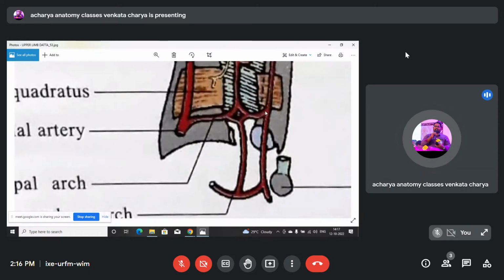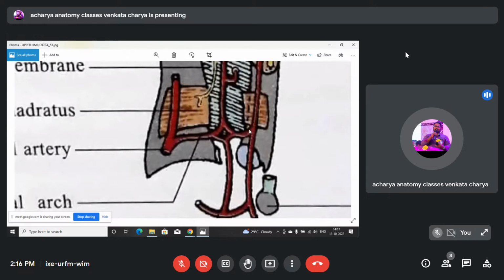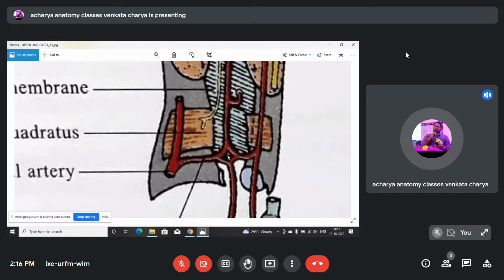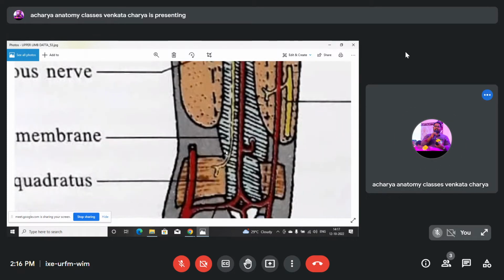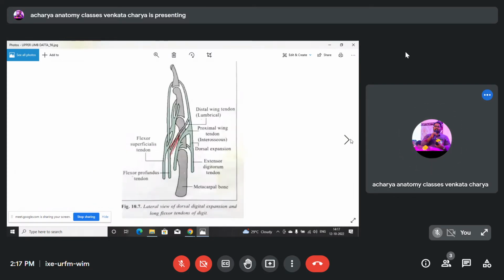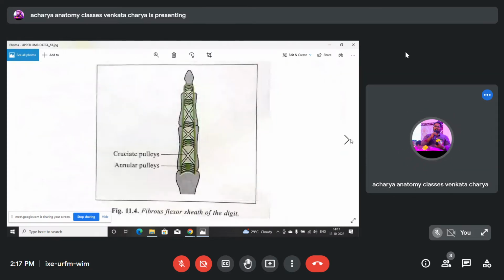Then it anastomoses with the anterior transverse branch of the ulnar artery, and anastomosis with the anterior interosseous artery. And recurrent branch.